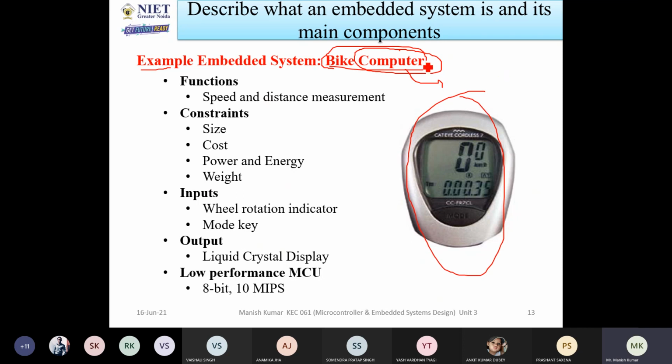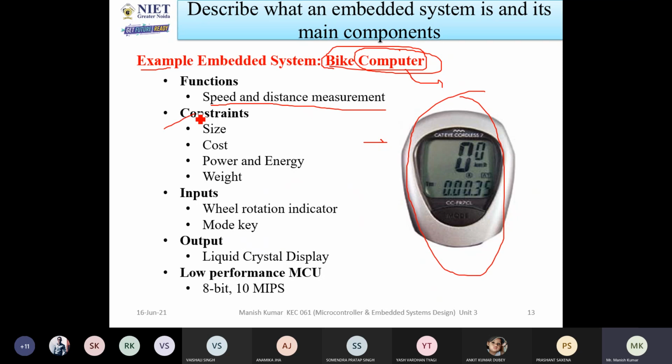So what is the function of this feature? It is used for the speed and distance measure. So you are going to use this in the latter stage. In the previous phase, we were using a speedometer for calculating the speed, how much speed is going on, what is the speed of this particular vehicle. So with the help of this, you are going to measure the speed and distance.